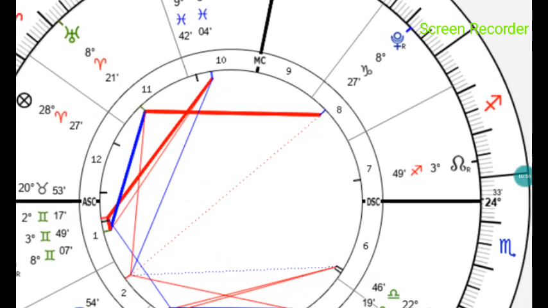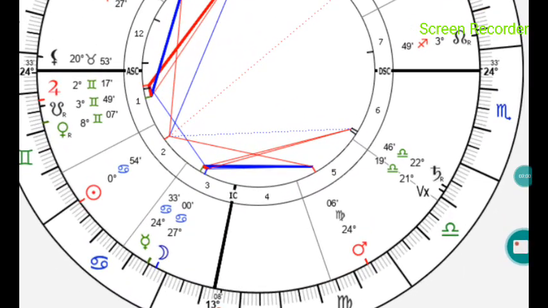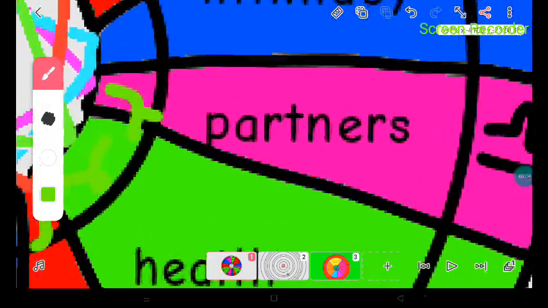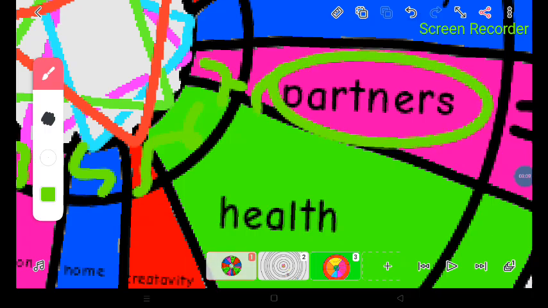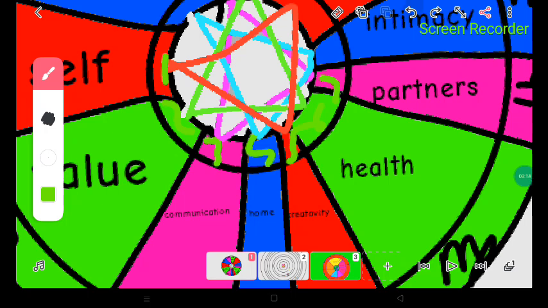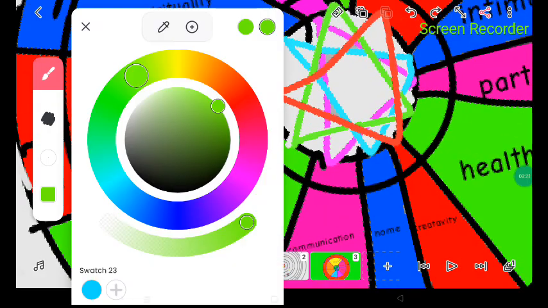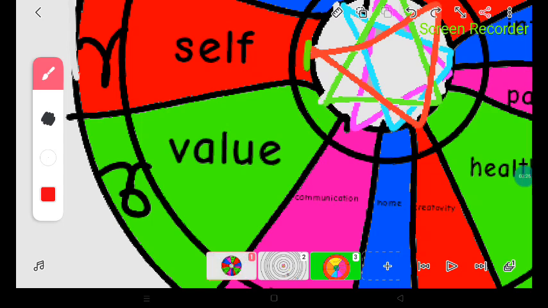Actually, my north node is in my seventh house, and my south node is in my second house, which means whatever the seventh house rules, in the past I was that, or I wanted that. And the second house represents value, so it represents that in the future I will be valued very much.